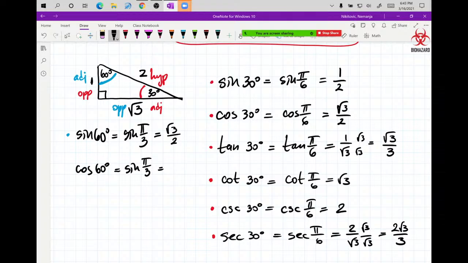Use the adjacent. Is it 1 over 2? Very good. And how about the tangent of 60 degrees? That's square root of 3? Yes.